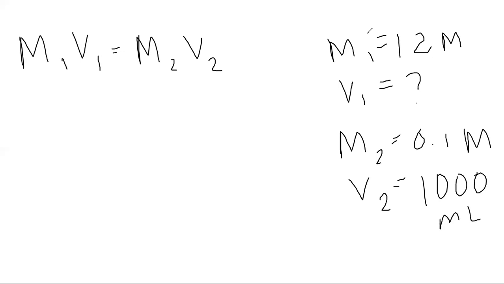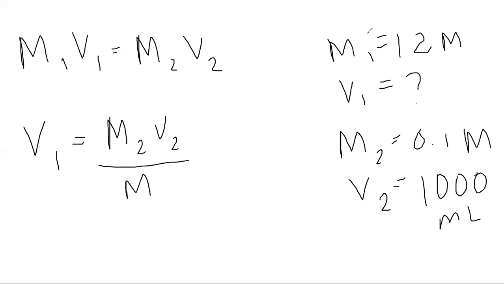All right, so to solve for V1, I'm going to convert this formula. I want to get V1 by itself, so that means I divide each side by M1. So M2 V2 over M1 will give me my formula to find volume. Now all I have to do is plug it in.